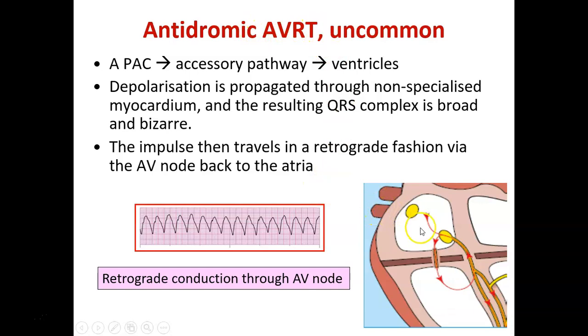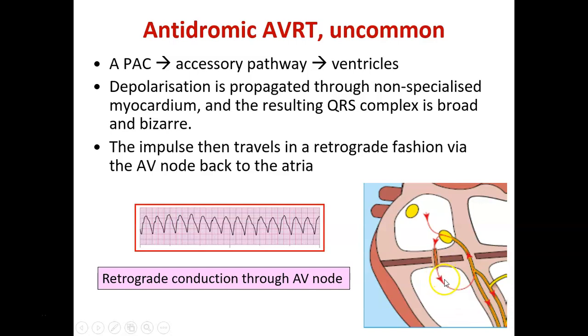Here the impulse originates again from the atria, but instead of going through the AV node, some of the impulses follow the accessory pathway, this bundle of Kent, and it goes to the non-specialized myocardium.